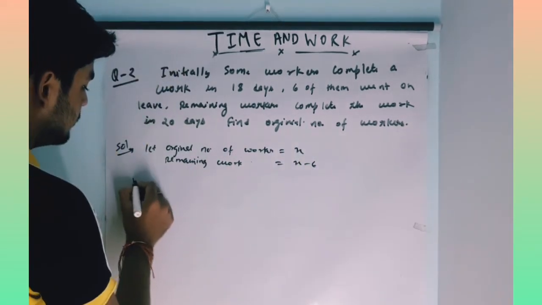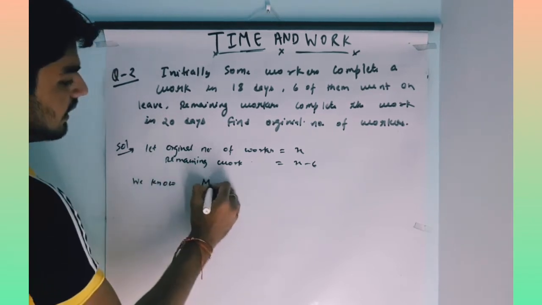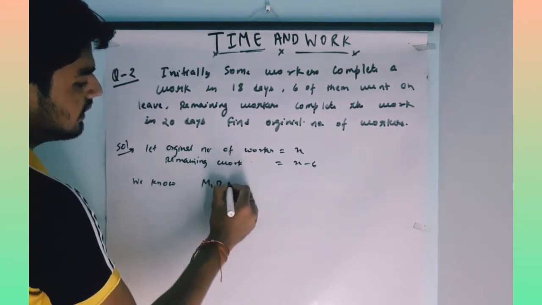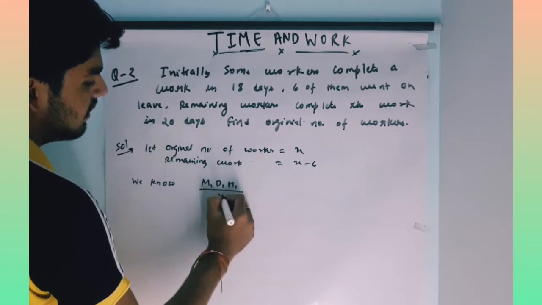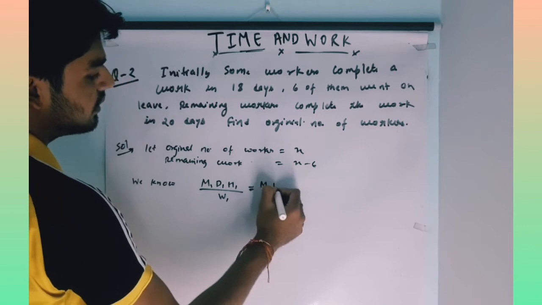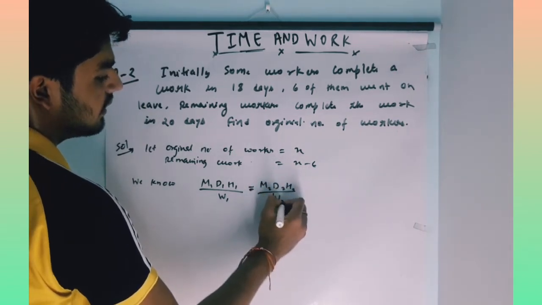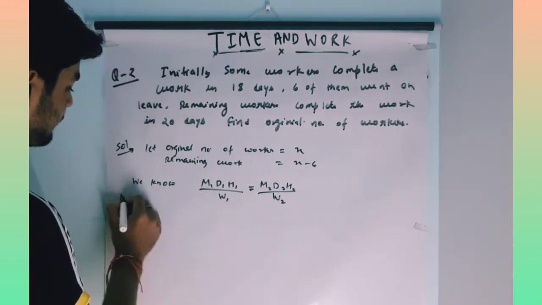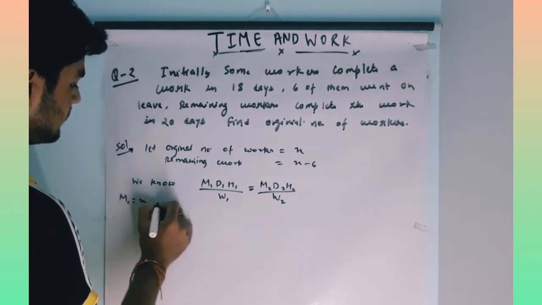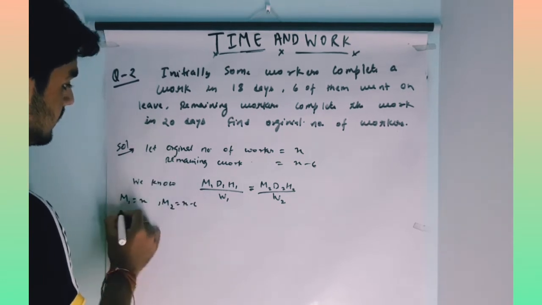Now we know the formula: M1 D1 H1 divided by W1 is equal to M2 D2 H2 divided by W2. Here M1 is X and M2 is X minus 6.